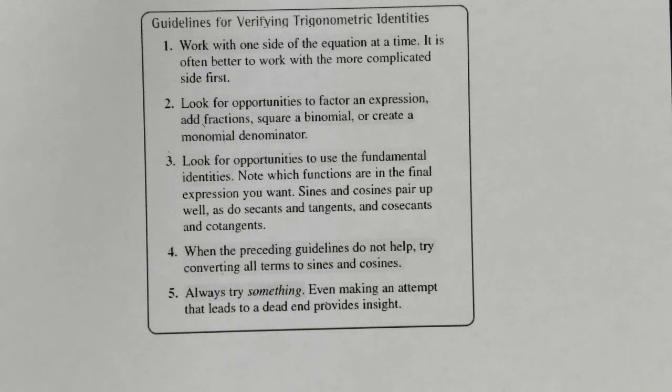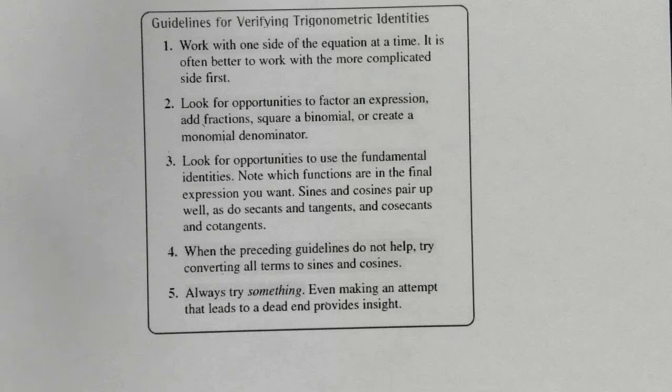You could go a couple of steps down the wrong way, and there may be times that you've got to back up and start over until you get going down the road that gets you closer to verifying the identity.